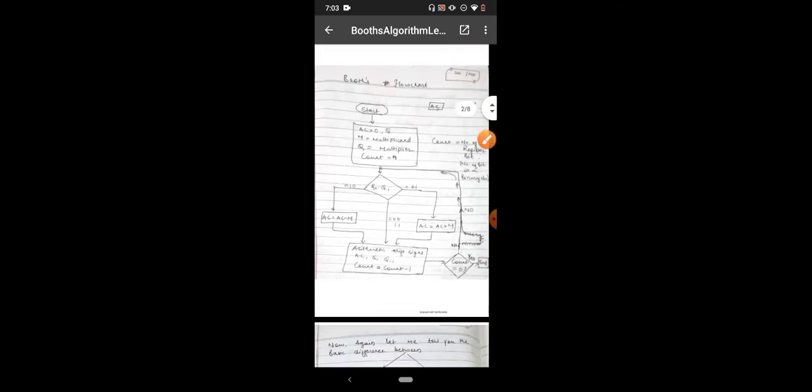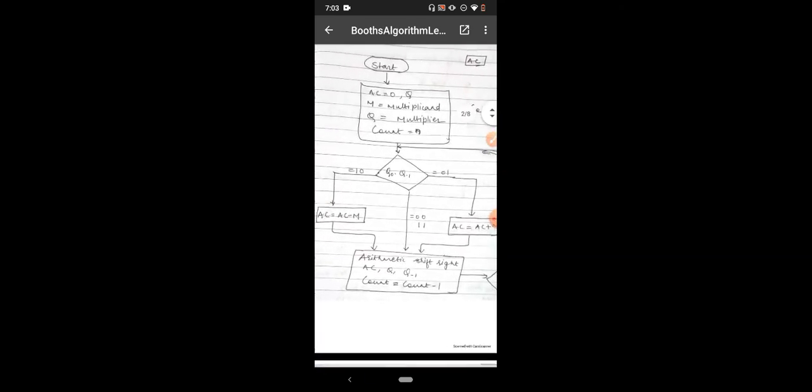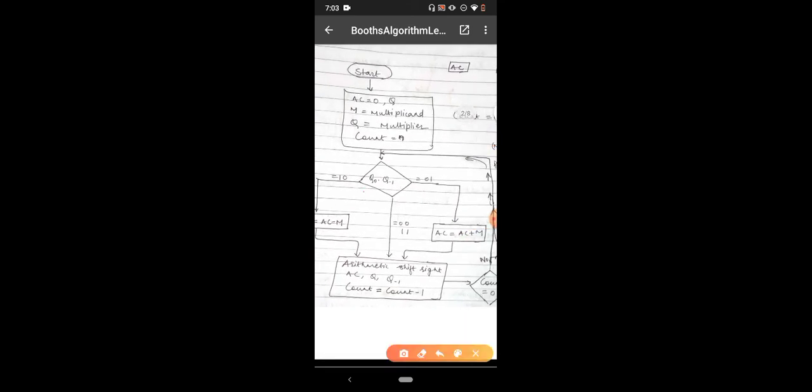If you're forgetting, let's refer again: for the values of Q0 and Qn minus 1, 1 0 means we do the subtraction, 0 1 means addition. So don't forget, 1 0 subtraction, 0 1 addition. The same thing we do over here.